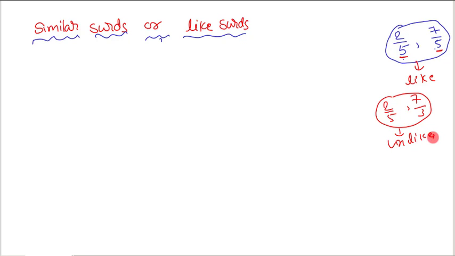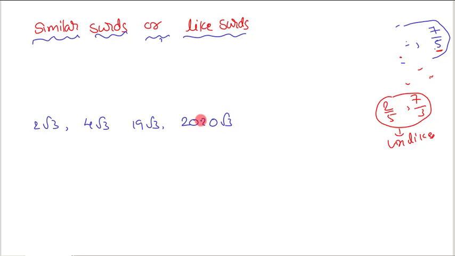So in the same manner, what do like terms or like surds mean? Let us discuss with simple examples. Like surds are the surds which have the same simple surd. See this: root 3, 2 root 3, 4 root 3, 19 root 3 and 2020 root 3.